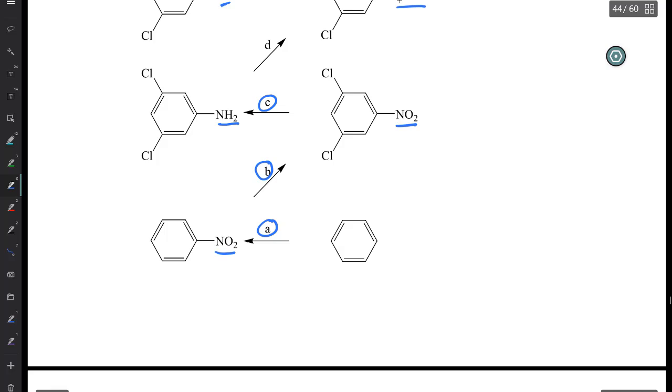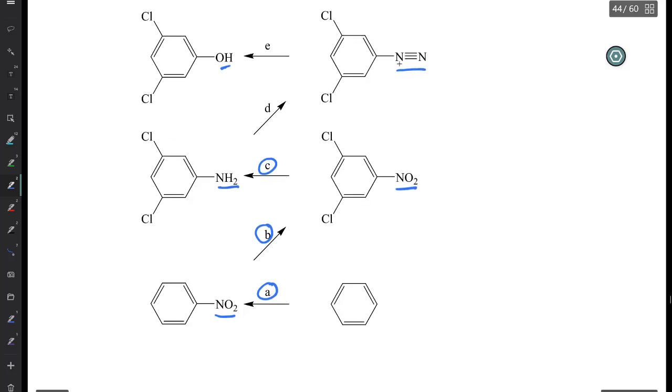Then a reduction using something like tin/HCl, then conversion to a diazonium salt, and then finally replacement. Remember, this one is just H2O and H+, a hydronium ion.